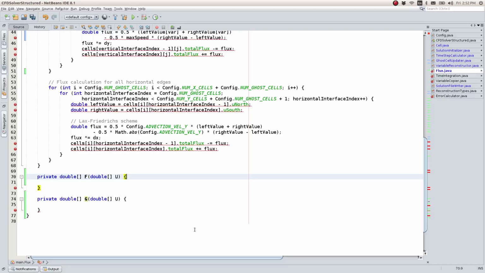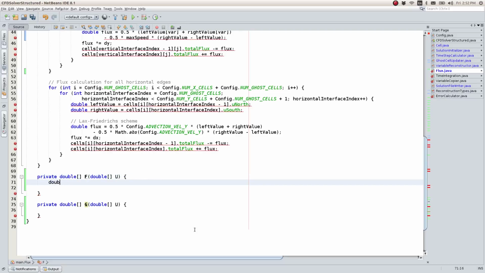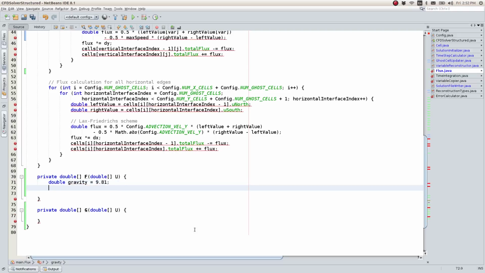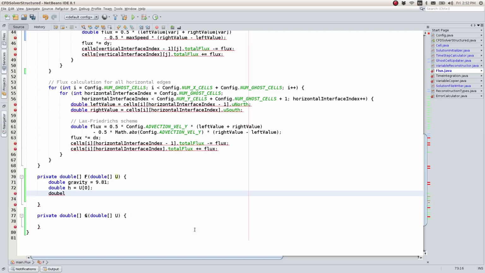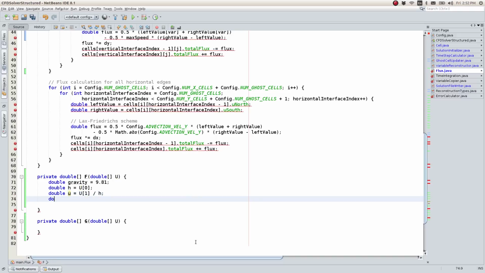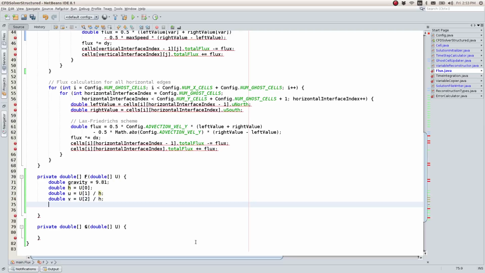Okay, so what will we need? We will need gravity, 9.81, then we will need u, let us find h first, h which is equal to u0, then we will need u, which is equal to u1 divided by h, then we will need v, which is equal to u2 divided by h, then that's it, I guess.